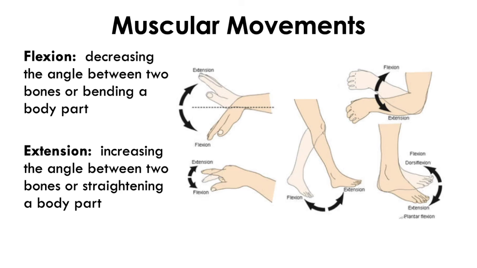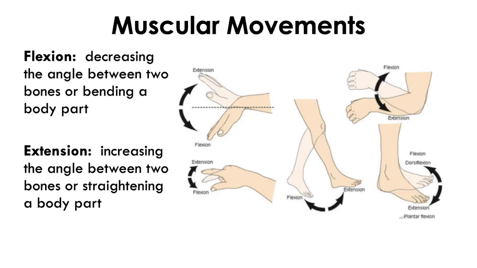Flexion is decreasing the angle between two bones or bending a body part. So you bring your hand closer to your arm. Flexion of your knee, you're bringing it closer to your butt. Flexion at your elbow, you're closing it. And flexion of the foot is to bring it closer to your tibia. While extension would be the complete opposite.